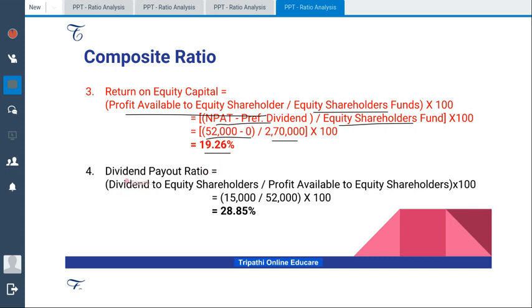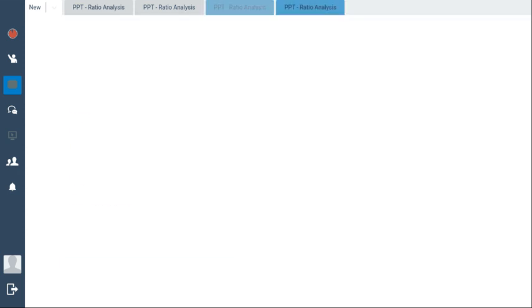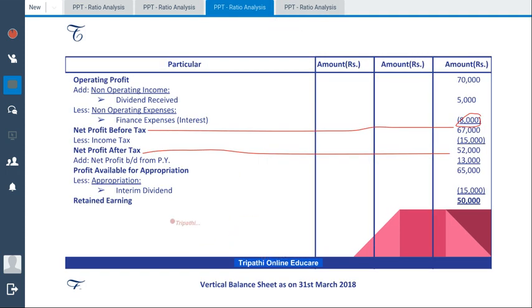Next, dividend payout ratio. Formula is dividend to equity shareholder upon profit available to equity shareholder into 100. Let us go and check the dividend which we have paid to the equity shareholder. You can see the dividend paid to the equity shareholder is 15,000, interim dividend 15,000.